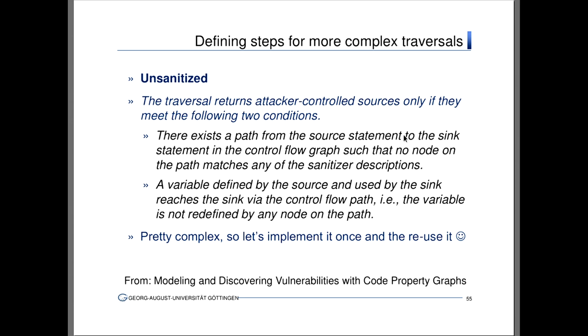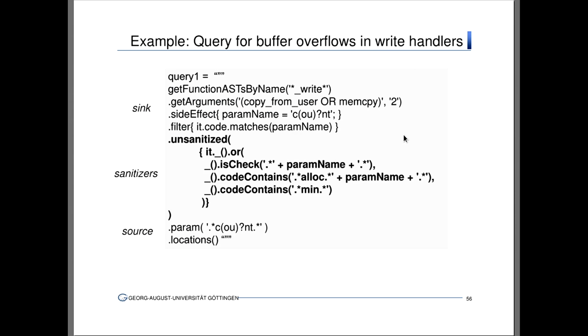Second, a variable defined by the source and used by the sink reaches the sink via the control flow path, i.e. the variable is not redefined by any node on the path. That's pretty complex, right? But you can implement it once and then put it into your step called unsanitized and reuse it again and again. And that's what we did here.